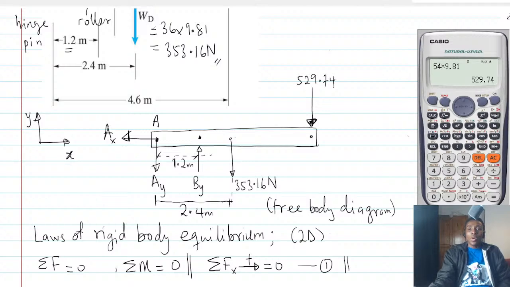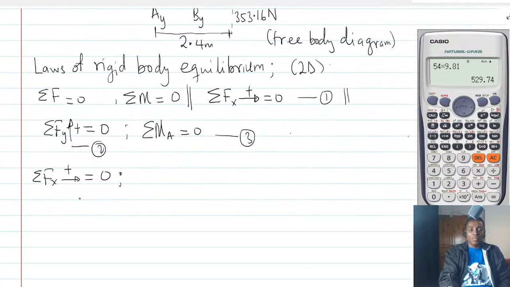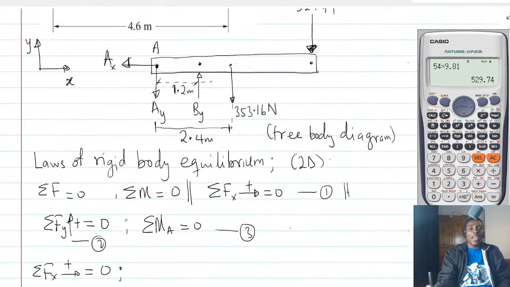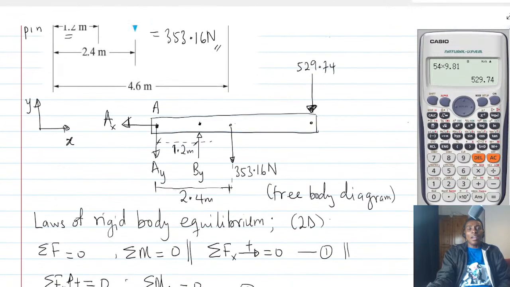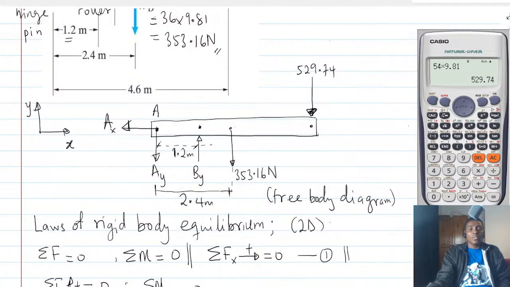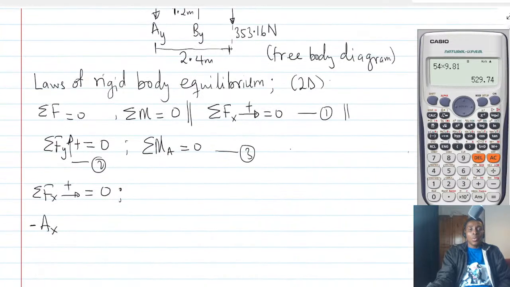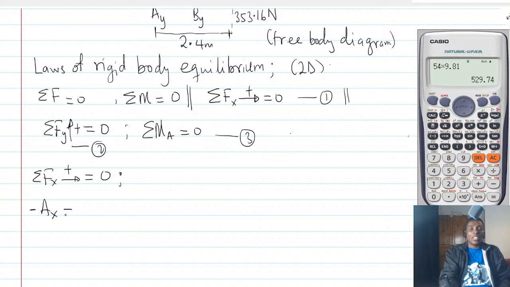Alright, so Ax, right? But what is the direction? You can see that Ax is going in this direction, so it's going to be negative. So minus Ax. Is there any other force in the x direction? No. Therefore, we can clearly see that Ax is actually 0.